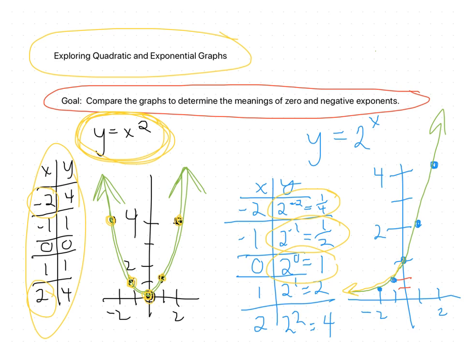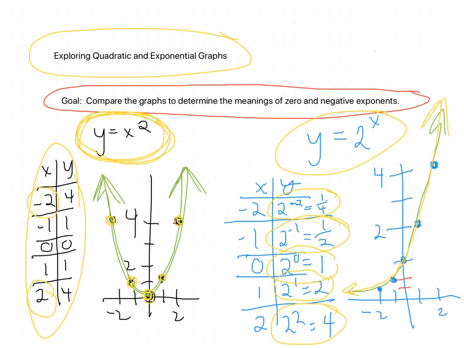And as the exponent becomes positive, positive 1, positive 2, we start to experience some accelerated growth. Thus, this relation, y equals 2 to the exponent x, if you notice the x is in the exponent, which means as the variable x changes, it will grow very quickly as we move to the right. And as we move to the left on the graph, the values of y will become very, very small.